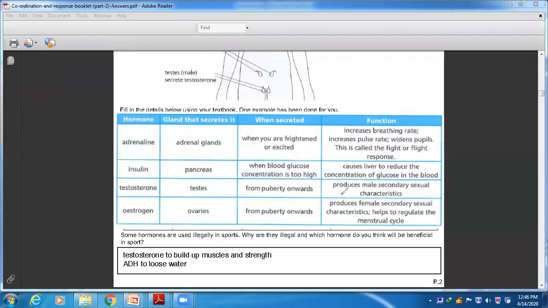Because of that, male secondary sexual characters will start. Male secondary sexual characters means those changes that come in a male when he is reaching puberty and onward.